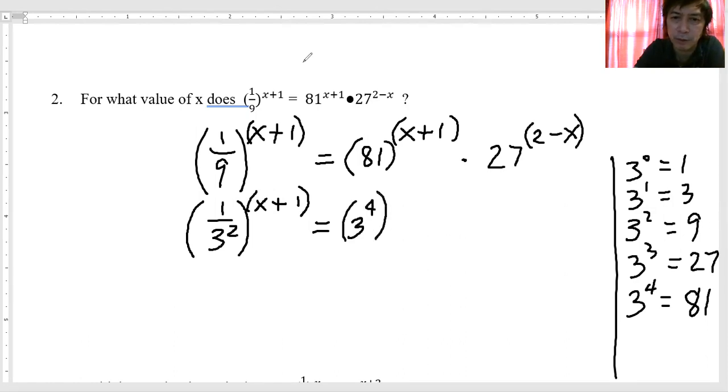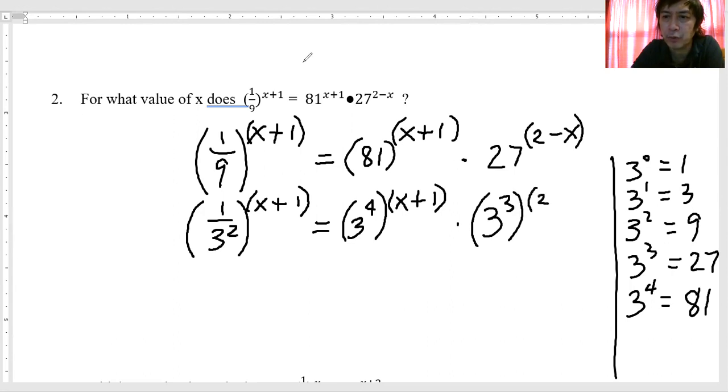That's your 81. And then this is still raised to x plus 1. There. And then this is multiplied. 27 can be expressed 3 to the 3. And this is raised to the power 2 minus x.